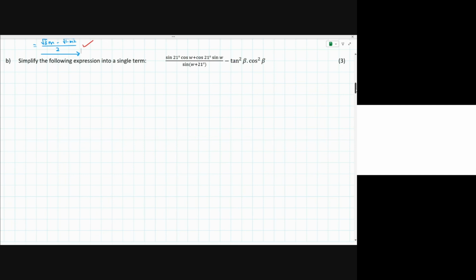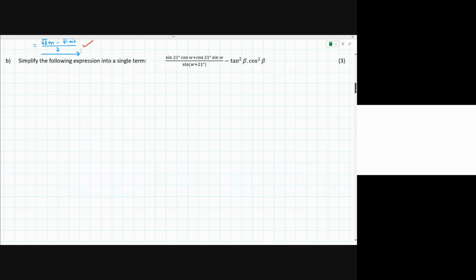Now this is only worth 3 marks, but with that being said, I'm going to give you 5 minutes to try this. 5 minutes is a bit long, and I don't think you need 5 minutes, but there's a fair amount that we need to wrap our head around.